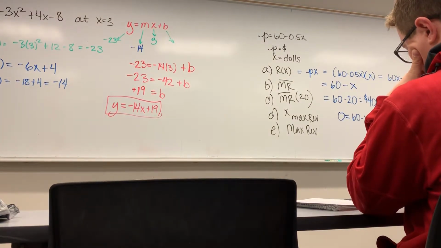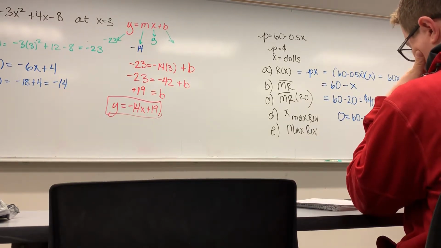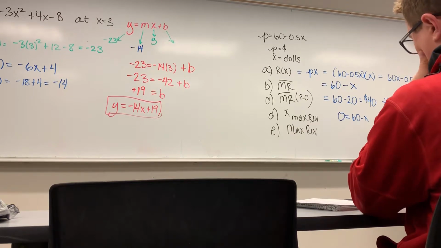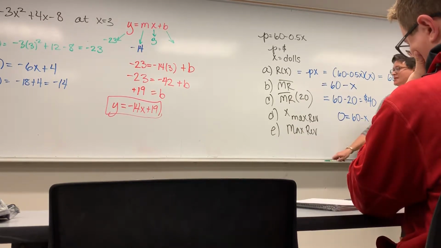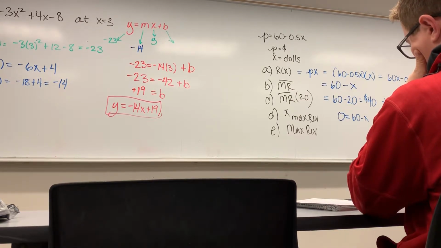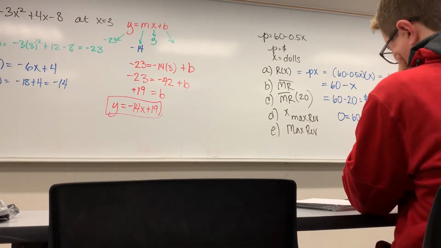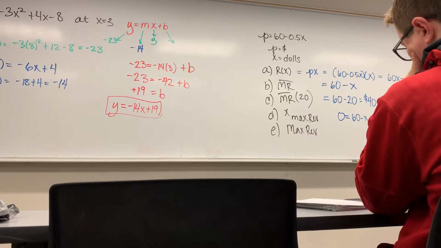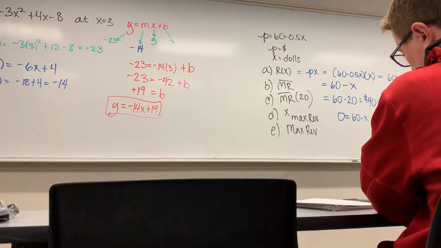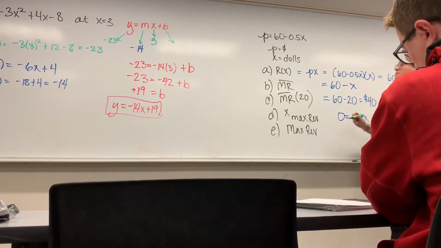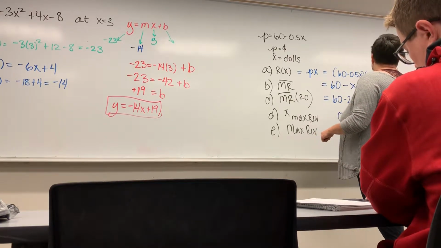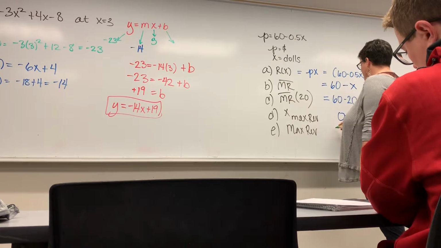So where do I plug that 60 to get maximum revenue, guys? Into the original function. I have a lot of original functions here now. Which one? Revenue. Why revenue? Am I looking for a price? Nah, so I'm not going to stick it in price. Am I looking for a slope? Nah, I know the slope at that point is already 0. I'm looking for revenue, so I'm going to plug it into revenue, which is 60x minus 0.5x squared.